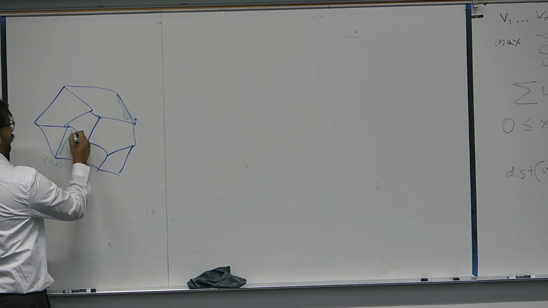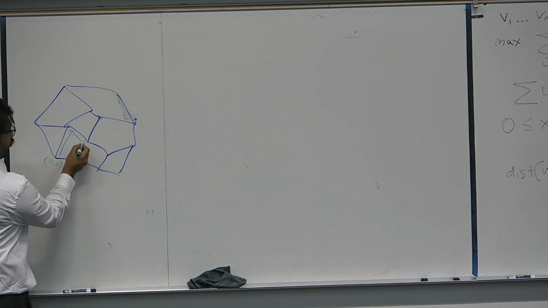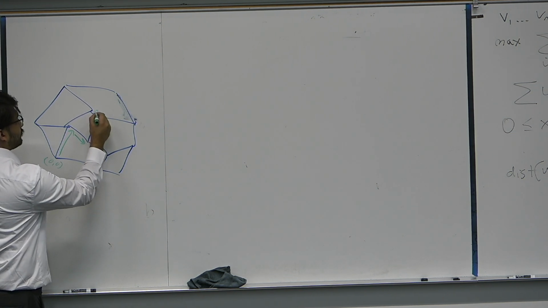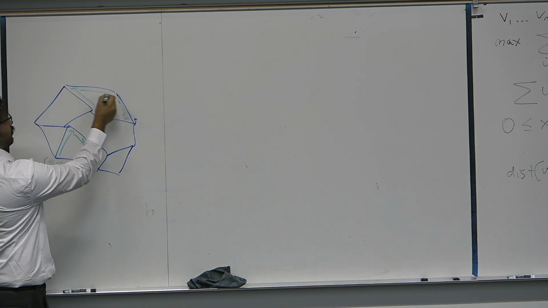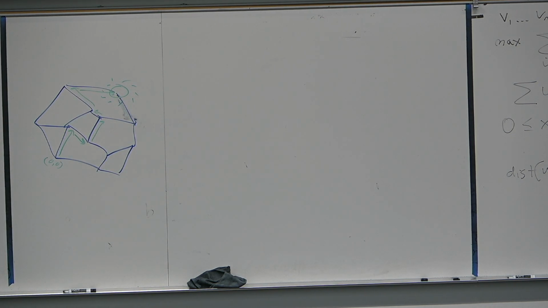Traverse to any neighbor that increases the objective function, and repeatedly do that until you can't anymore. So the simplex algorithm really, in some sense, is a walk along the polytope until we find our maximum. That's all it is.